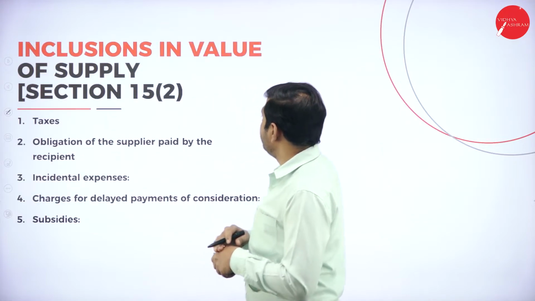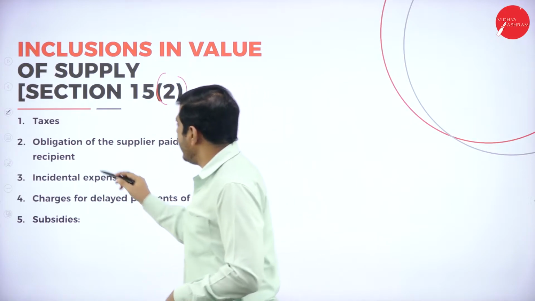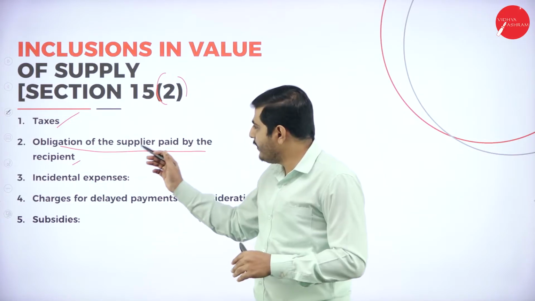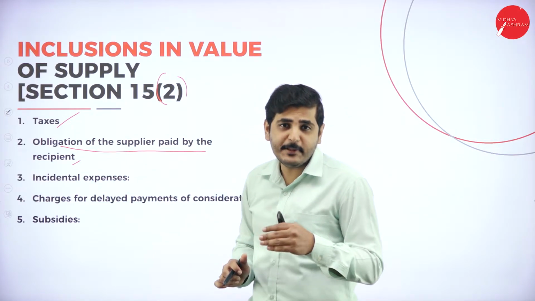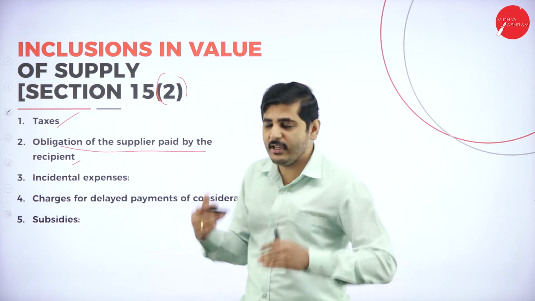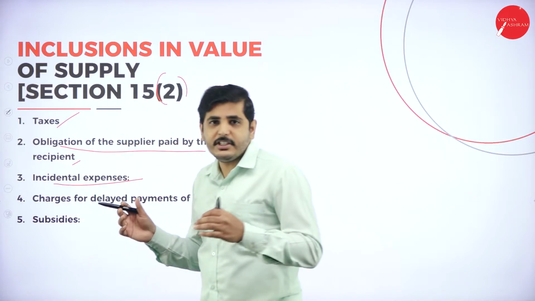Next point, inclusion in the value of supply. Section 15 subsection 2 says any taxes paid. Next one, obligation of the supplier paid by the recipient. If any obligation, any taxes, any expenses are paid by the recipient of the product instead of the supplier, then also it will be considered for the valuation of supply. Next one, incidental expenses. What do we mean by incidental expenses?